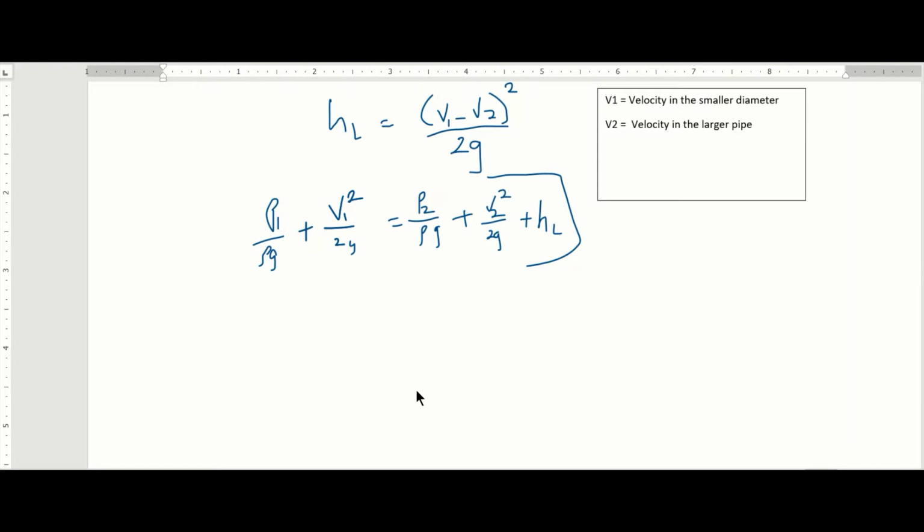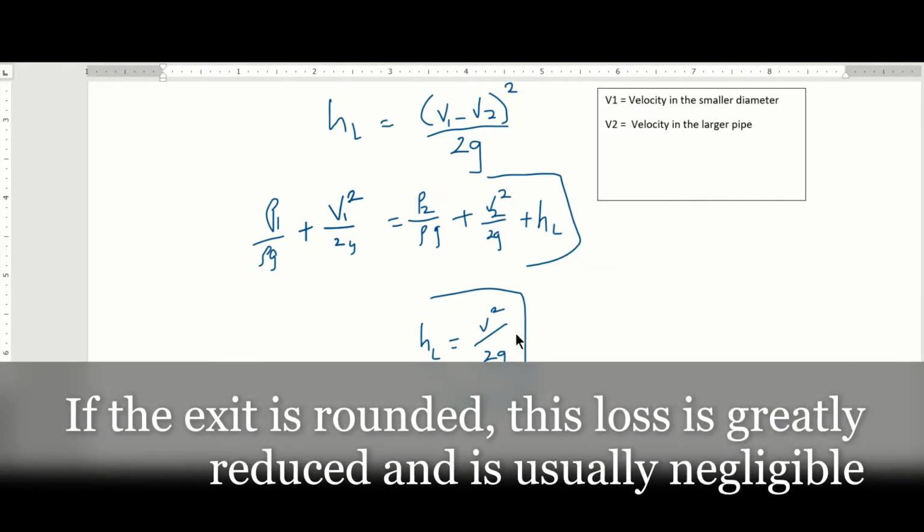In that case, our velocity in the larger pipe can be referred to as 0, and therefore our head loss becomes HL equal to V squared over 2G. This is when the pipe discharges into a large reservoir via a sharp exit. Now, if the exit is round, this loss is greatly reduced and is usually negligible.